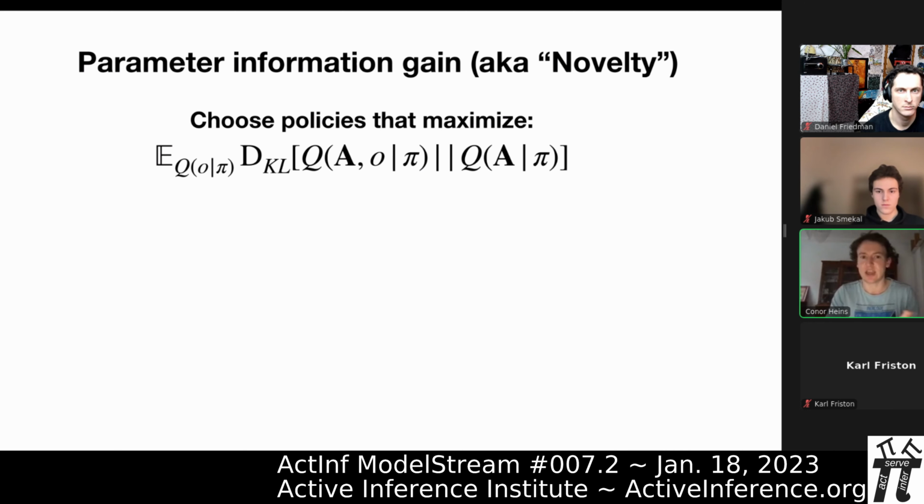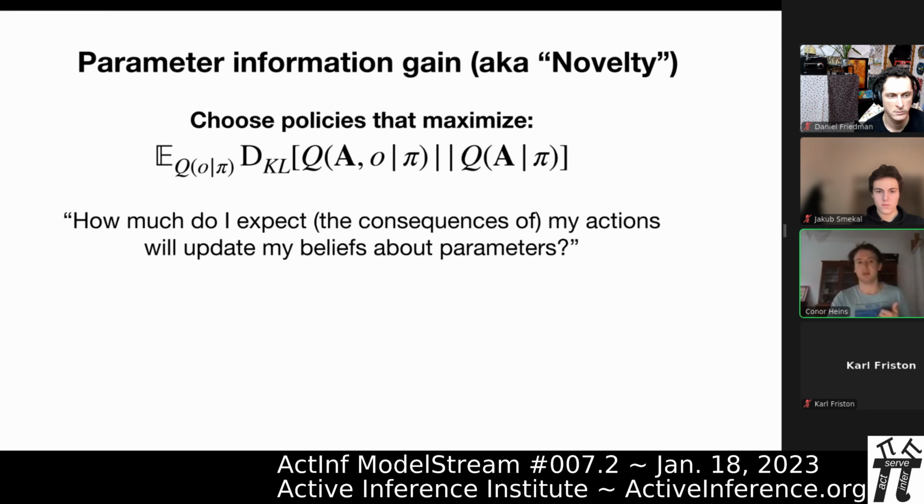So this expected KL divergence exactly quantifies how much a given policy will lead to a good Bayesian update of your parameter beliefs. Intuitively, this quantity might be described as: how much do I expect the consequences of my actions will update my beliefs about parameters?